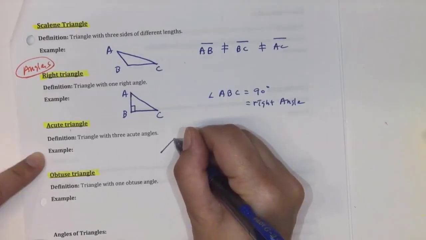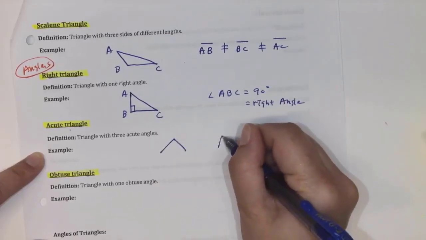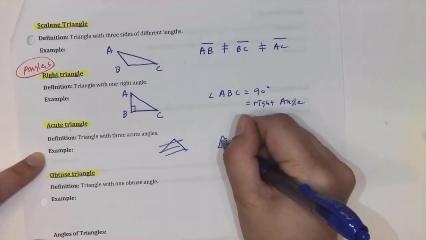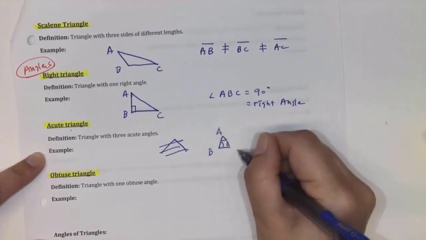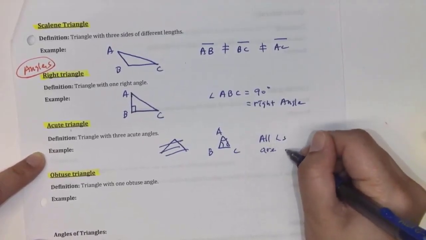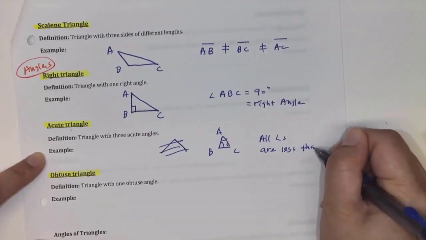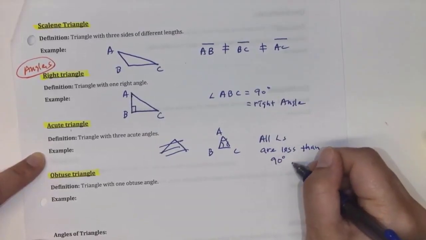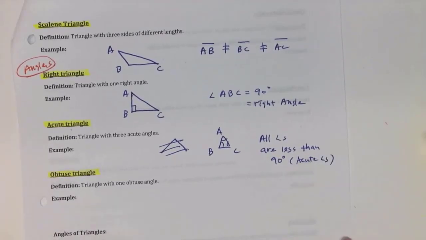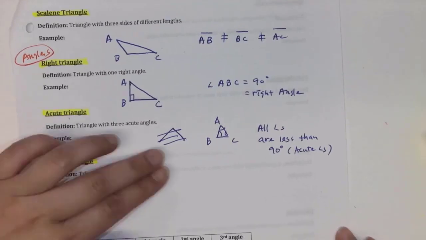All of the angles should be less than 90 degrees. I'm just going to be safe and choose an equilateral one. So this one, obviously, all of the angles are less than 90 degrees, right? So all three angles will be acute angles that make an acute triangle.